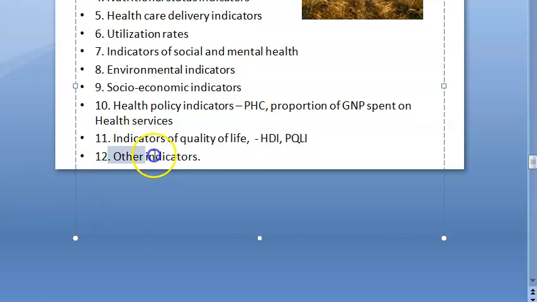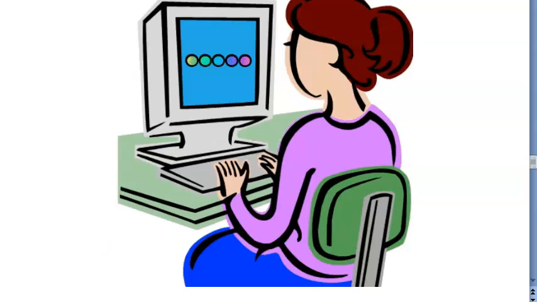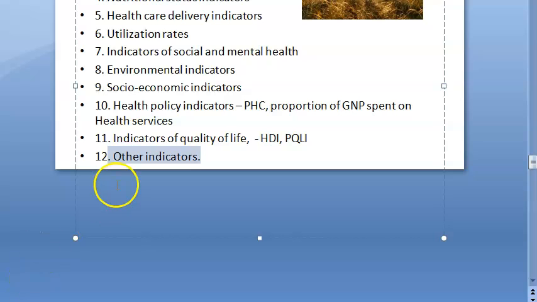Then other indicators guys. Here they are talking about some social indicators again. Population, family formation, families, household, learning, education services, earning activities, distribution of income, consumption, accumulation, social security, welfare services, leisure, culture, social stratification, housing, environment, so many things are there, okay.